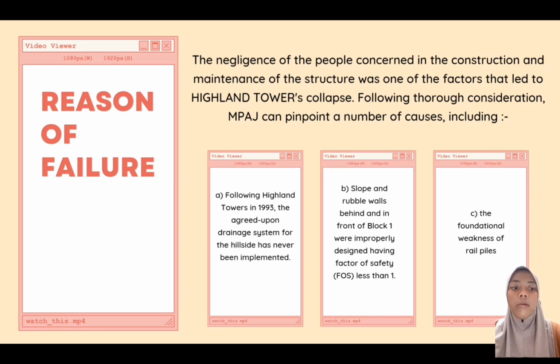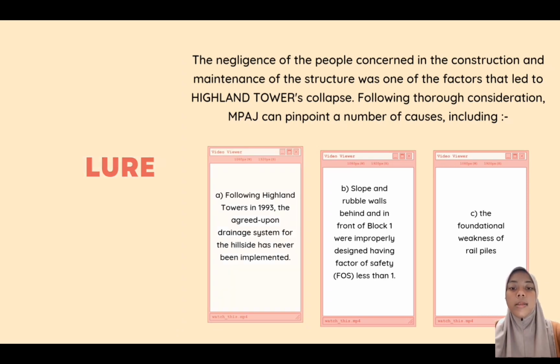Second, slope and rubble walls behind and in front of Block 1 were improperly designed, having a factor of safety (FOS) less than 1. Third, the foundational weakness of rail piles.